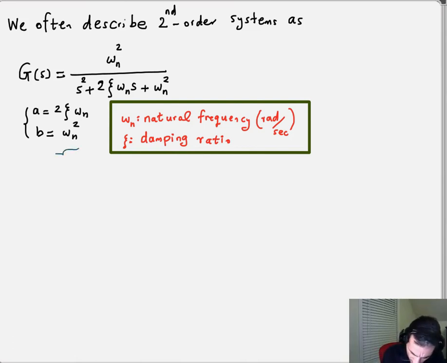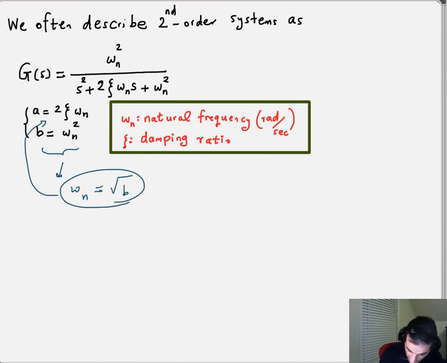From this you get omega n equal to the square root of b, and then you plug this back into the first one to get zeta, which is just a divided by 2 omega n. And omega n we already defined as the square root of b. So if you have a and b, you can easily calculate zeta and omega n using these equations.